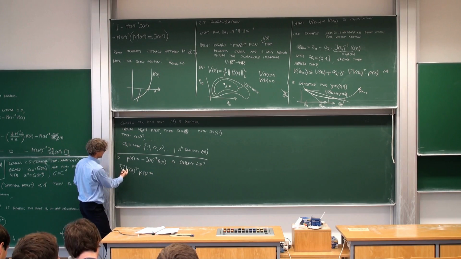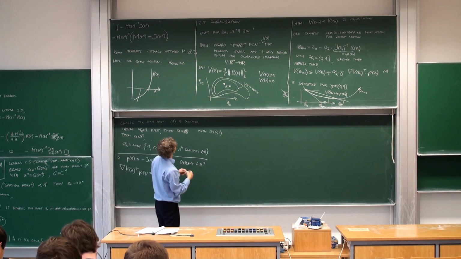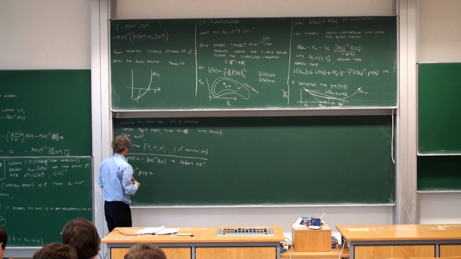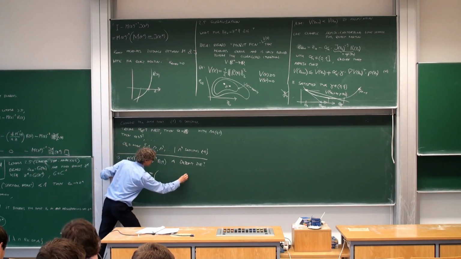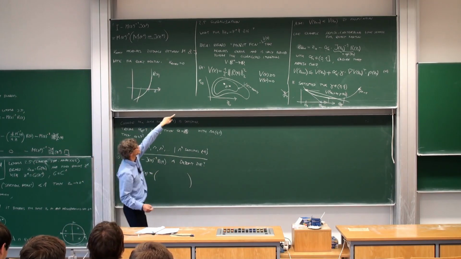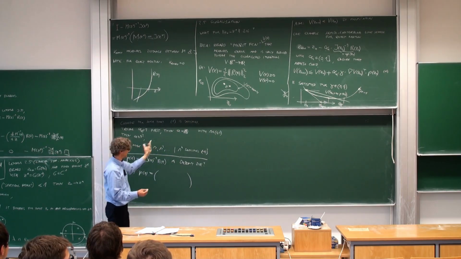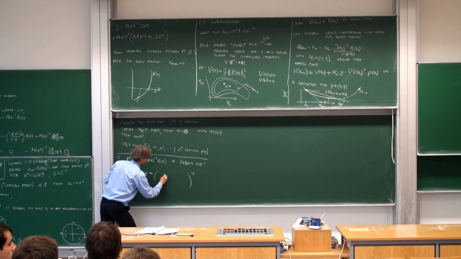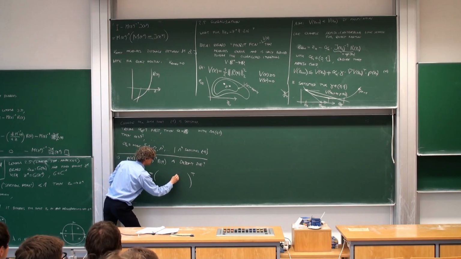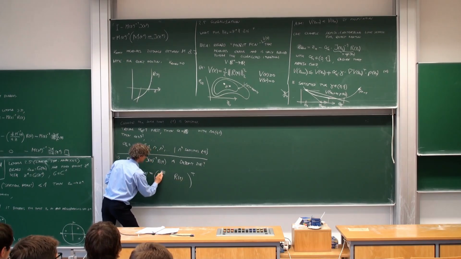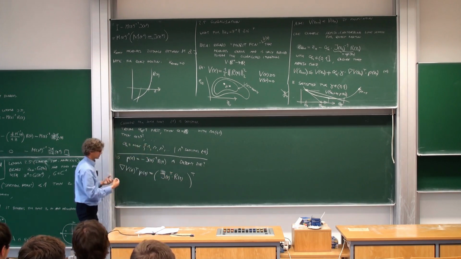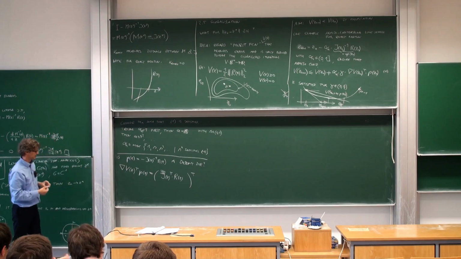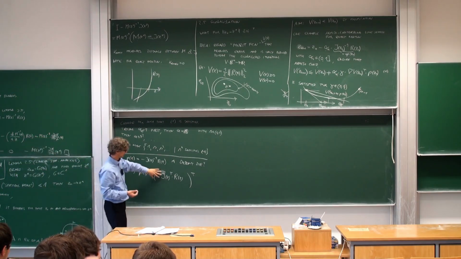So nabla V is something we can just compute based on its definition, and P of Z we can also compute. Nabla V is the Jacobian of R transpose times R. So I directly put the Jacobian, J of Z transpose times R of Z. Because of the factor 1/2, this is cancelled, because I have it twice.